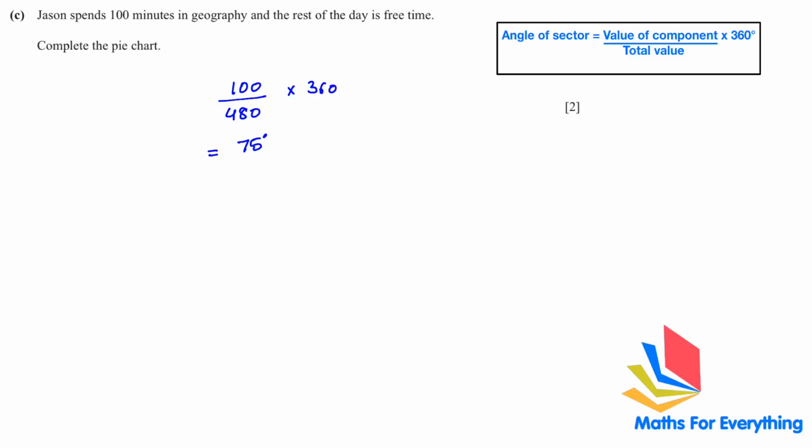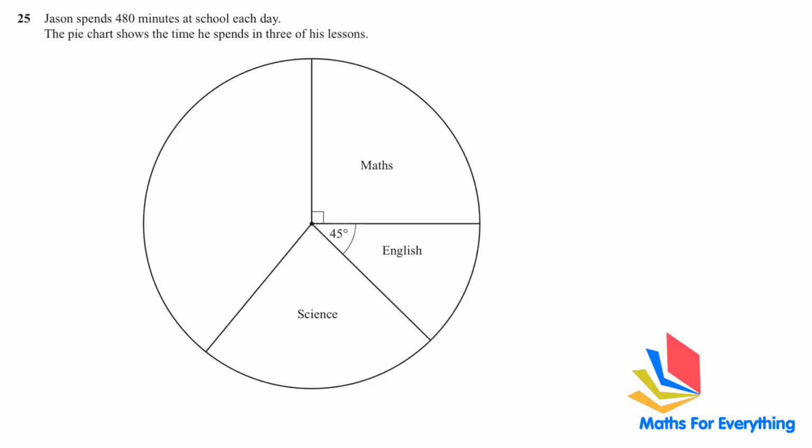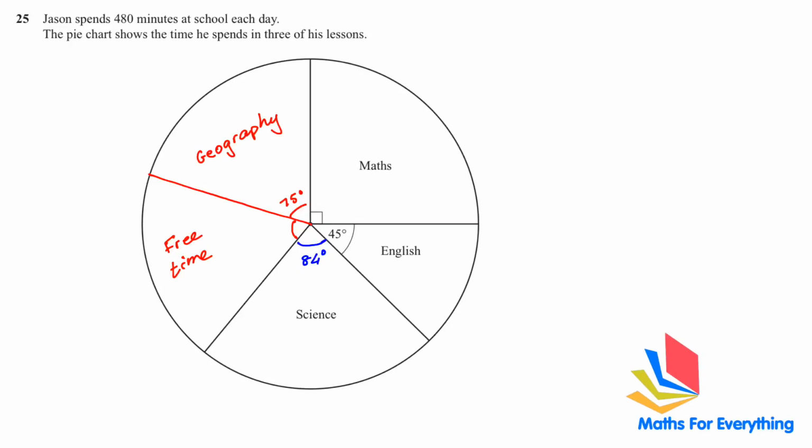Now we have to draw this angle. So place your protractor here and we'll draw the 75 degrees. Here I have completed drawing the angle 75 for geography, and this angle is the free time.